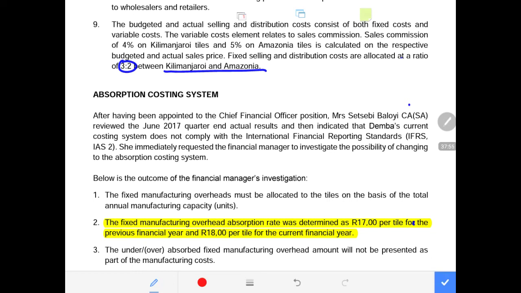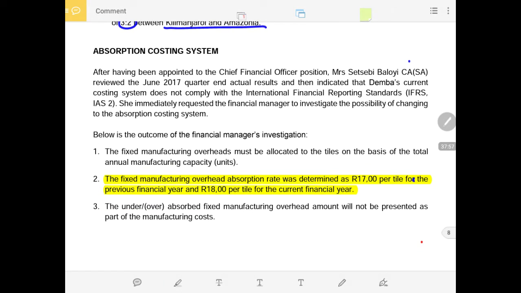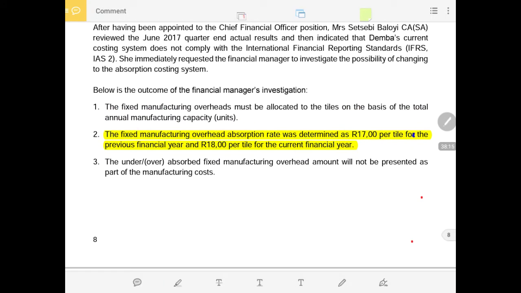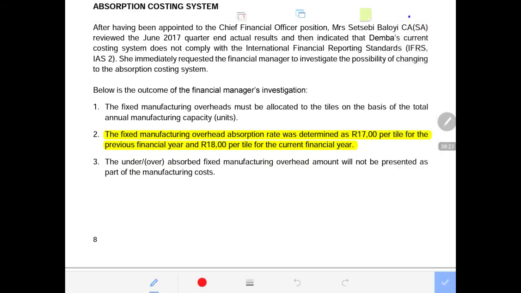Then after, they are telling us this, and this is very important, but we are not given information that will necessitate us to use this information. In most of the questions, they will say your POR must be calculated using the normal annual capacity. Then we'll normally deal with that in other questions. Here they've already calculated it for us, so there's not much worry about the previous question, but we are aware that our POR is based on the number of units that were budgeted, that were the normal capacity.